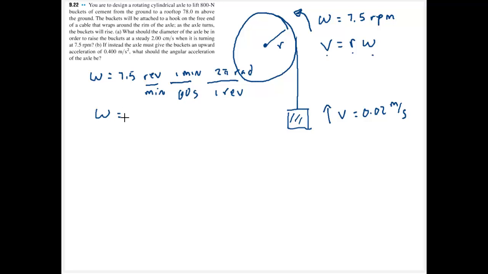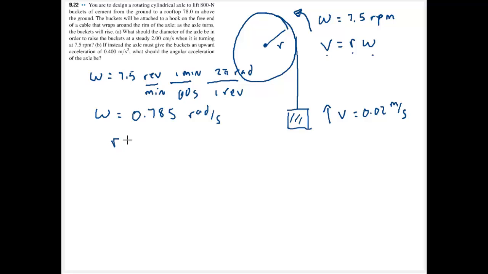So my angular velocity is also 0.785 radians per second. We can't work any of these problems if it's in revolutions per minute. It's like trying to work in miles for some of this stuff.